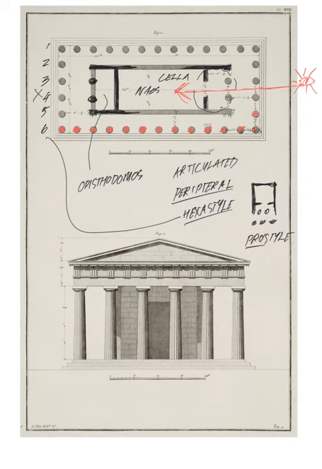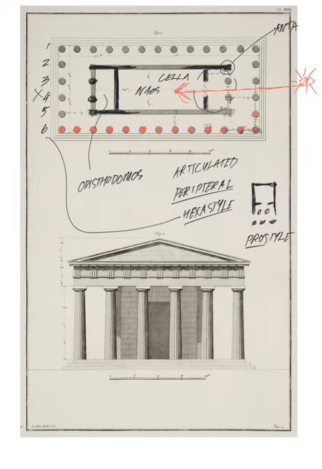So the ends of these walls are articulated with a pier, and that thickened end is called anta.